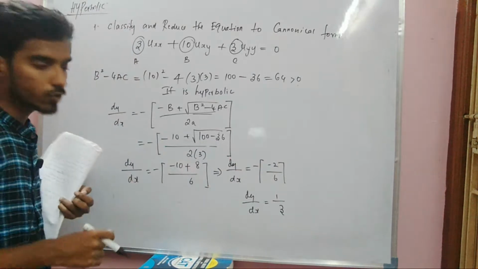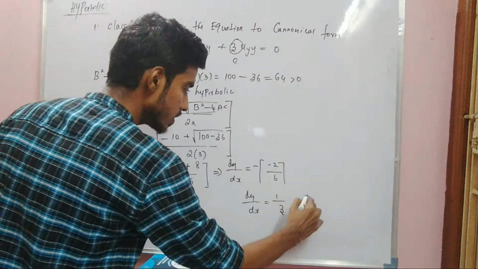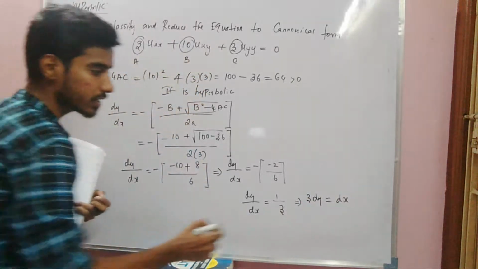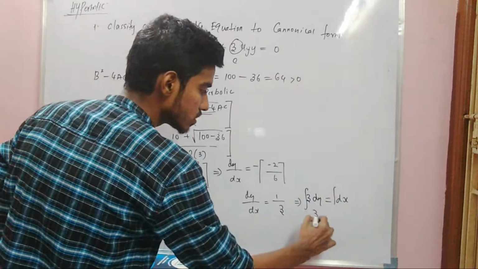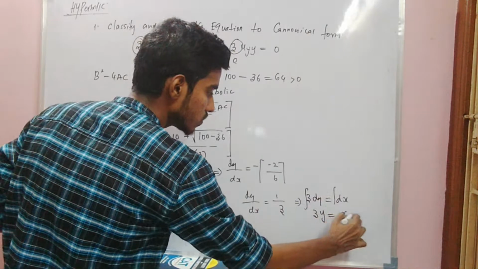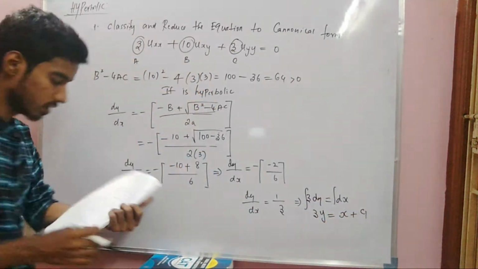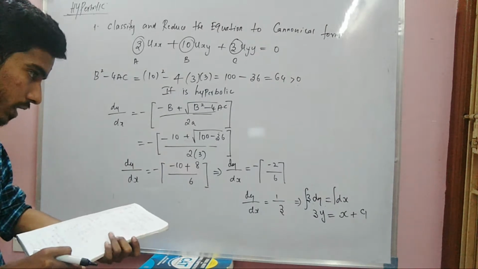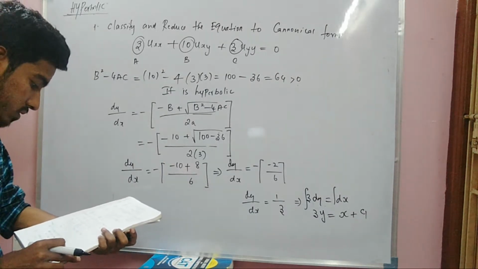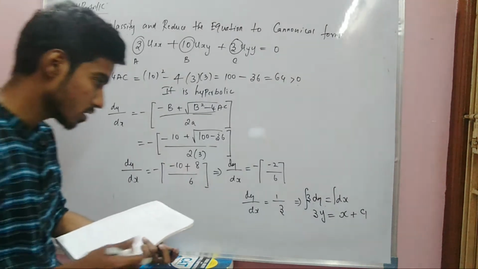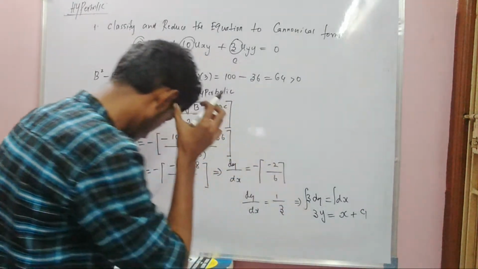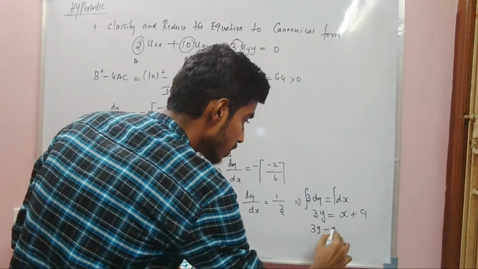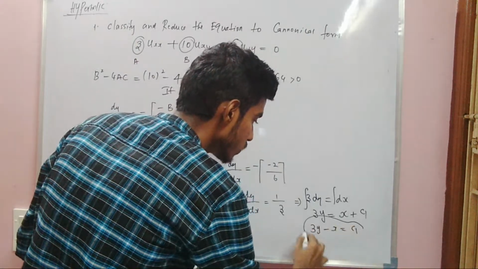Because you have to find C1 from here. So if I cross multiply this, we will have 3 dy is equal to dx. So if I integrate this, we will have 3y is equal to x plus c1, right? 3y is equal to x plus 3c1, or we can also have 3y minus x is equal to c1, right?